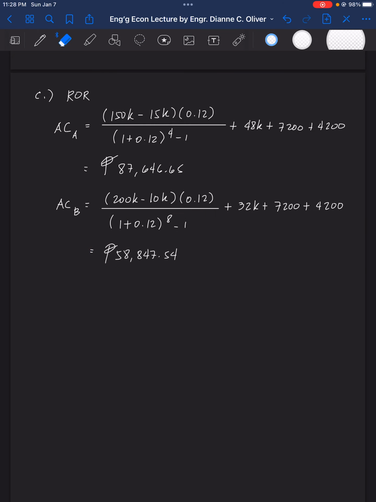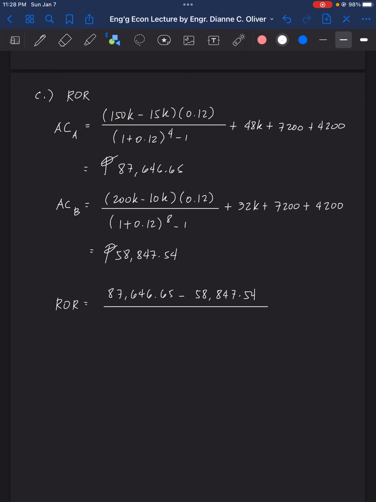Finally, we have our rate of return, ROR, is equal to 87,646.65 minus 58,847.54 divided by 200,000 minus 150,000, times 100.